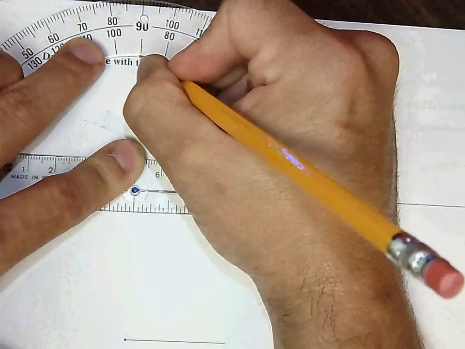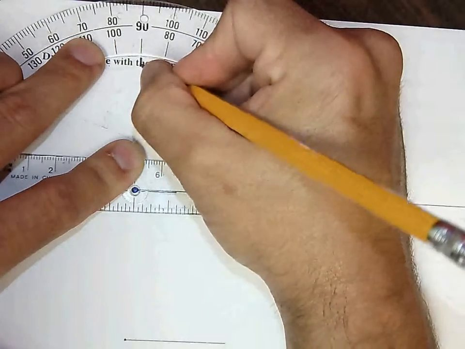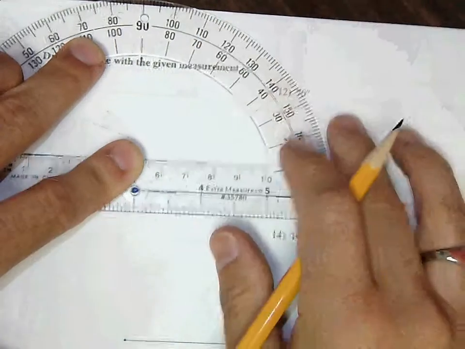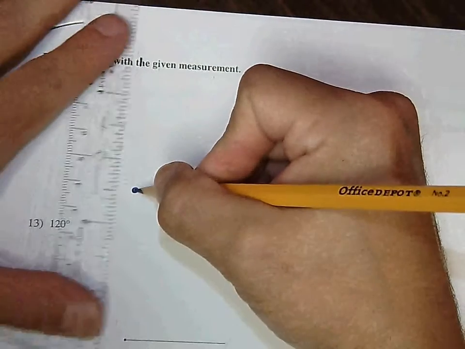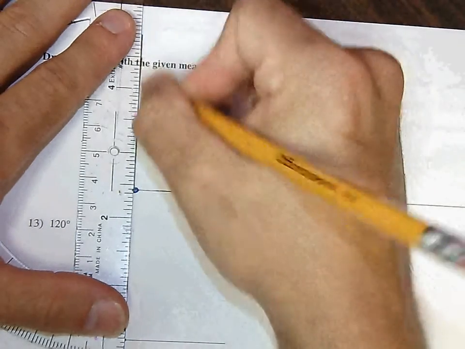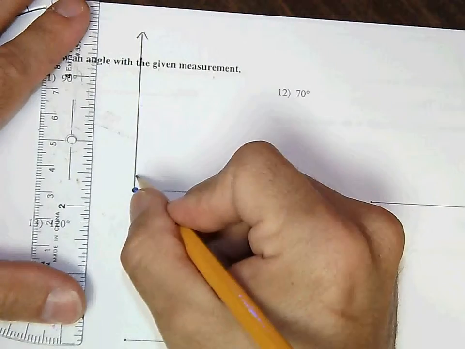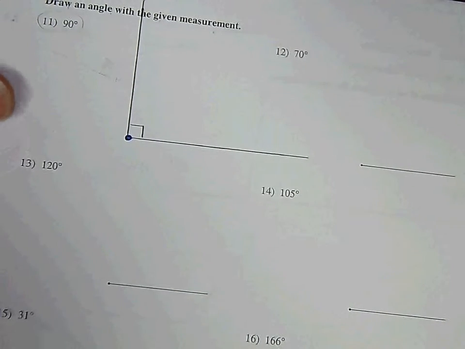I'm going to make a mark right at 90 degrees, which for me is right on top of the H. And so now that I got my mark, I connect the vertex with the mark. And you should have an angle which is really close to 90, if not exact.